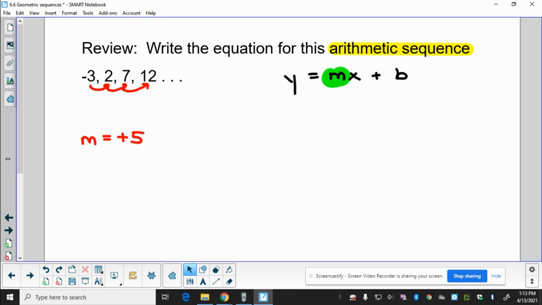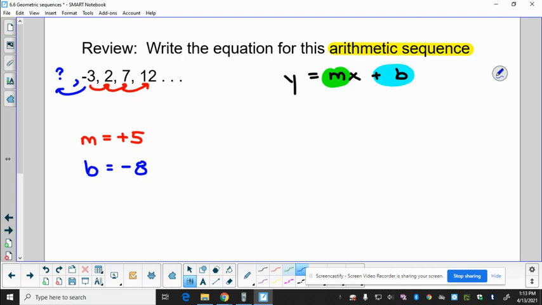Then the other thing we need to understand is what's b? Do you remember that that's the y-intercept? That means that it's that number right there. So if you go backwards one number, can you tell what b would be? That's right, it'd be -8. Basically, subtract 5 from -3 to get there.